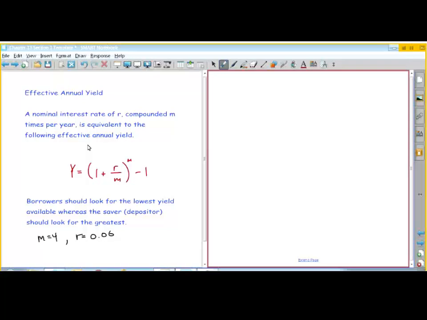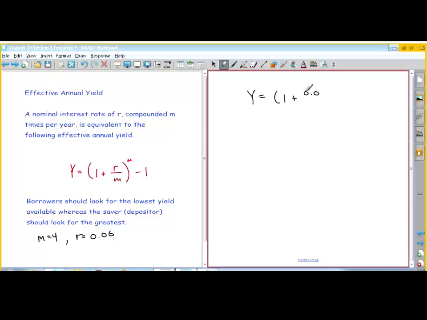So the equation is 1 plus the yearly interest rate divided by the number of compounding periods, raised to the number of compounding periods, minus 1. And if we look at this example of compounding quarterly with a 6% interest rate, the effective interest rate is going to be slightly larger than 6%. So we should get 6 point something. If we get 12, there's something wrong. So we'll just use the formula.